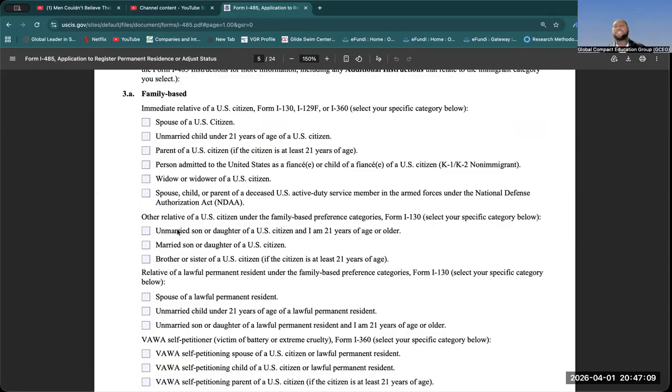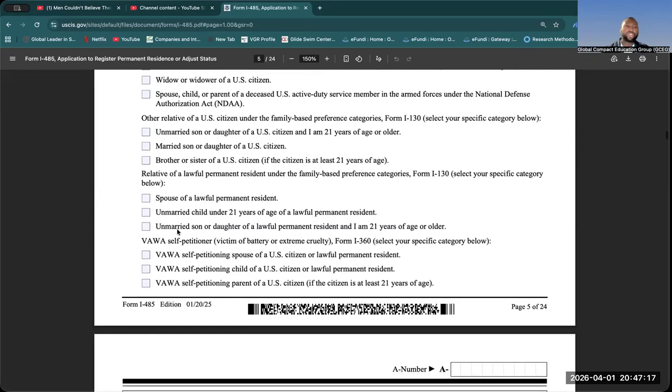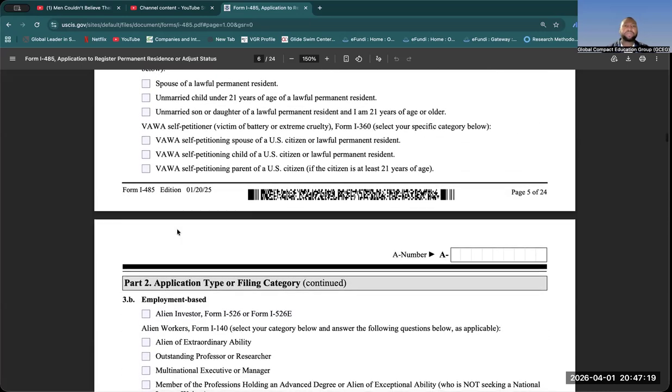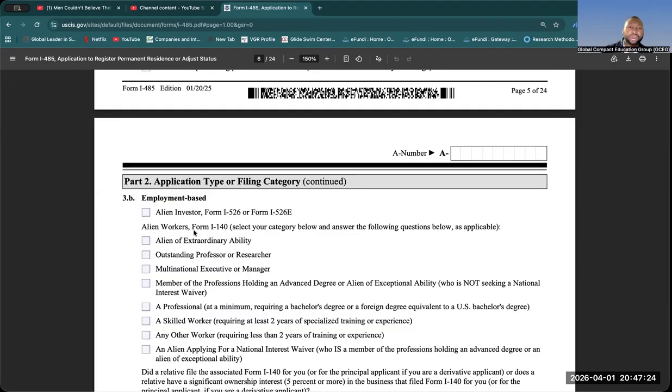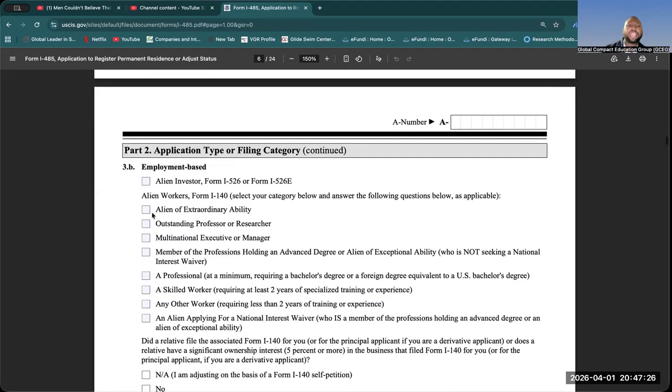Remember, we are completing this form considering that we are I-140 petitioners. So you don't complete this entire part. Yours is employment based. Alien of extraordinary ability, that is the EB1A.